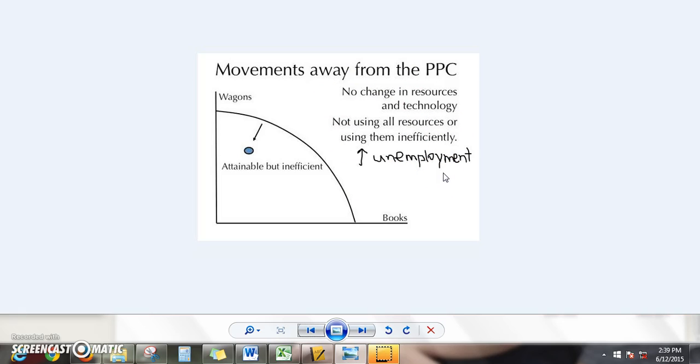So you have no change in resources or technology, so nothing has increased there, or you're not using all of your resources that you do have efficiently. And then if unemployment rises, then you're also going to move away from the PPC. So if there's more people that are unemployed, then you're going to move away from that as well.